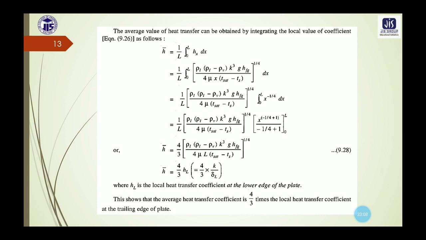Now the average value of the film heat transfer coefficient can be obtained by integrating the local value, that is h bar equals 1 by L integration 0 to L hx dx.